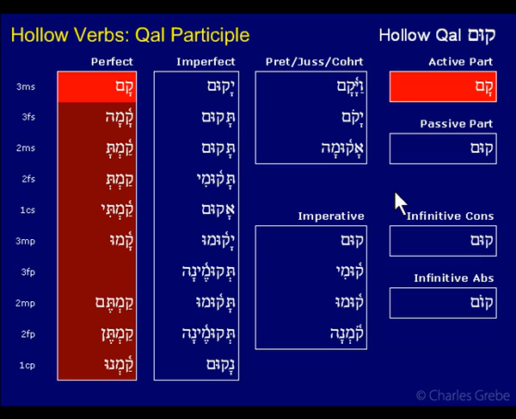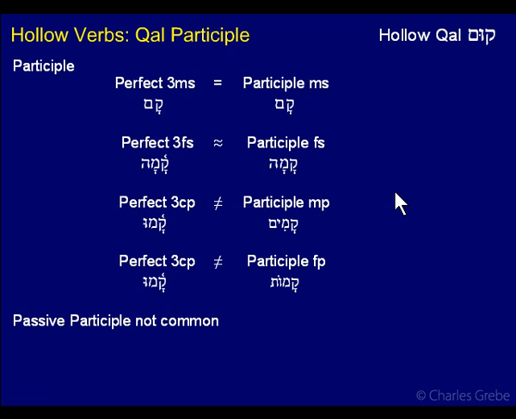Now what about the other participles, the feminine singular, the masculine plural, and the feminine plural? Well, let's look at them here. I have them all written out. So here's the one we looked at in the last screen. The masculine singular is the same as the perfect 3ms. What about the feminine singular and the perfect 3fs?